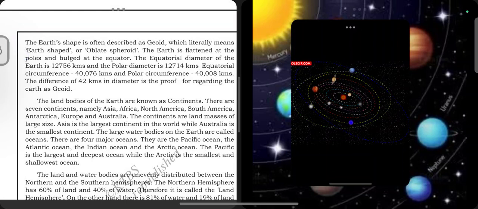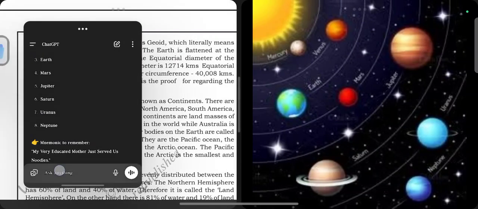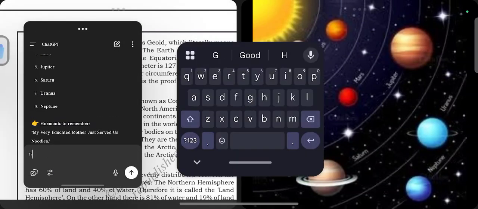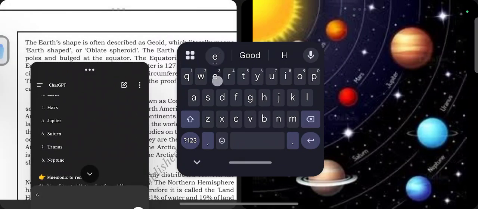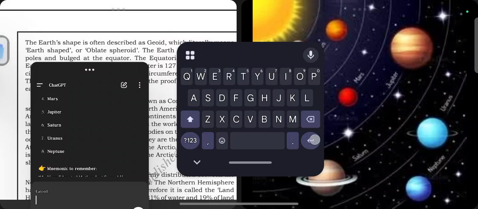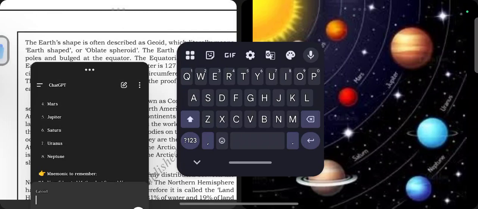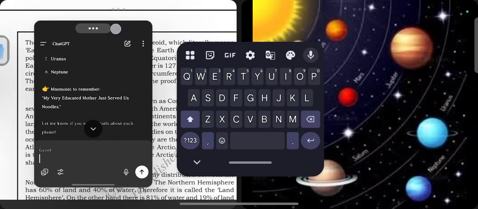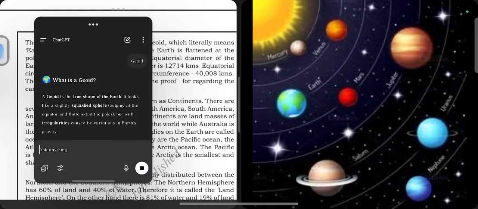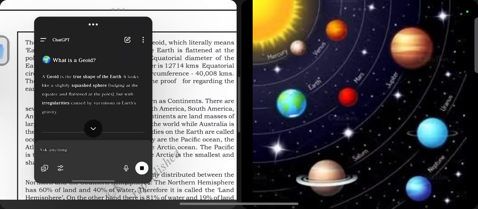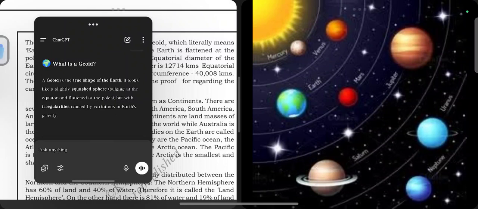Please comment. So geoid is the true shape of the Earth. It looks like a slightly squashed sphere.